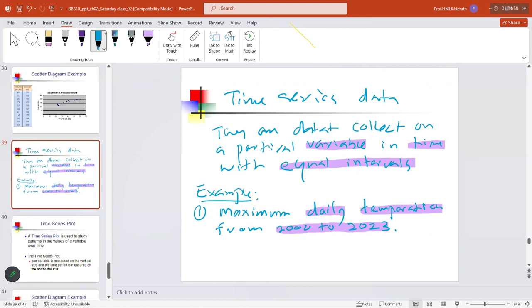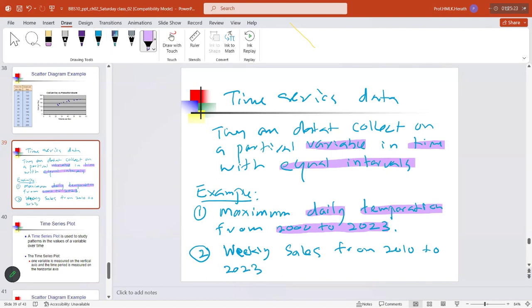One other example: weekly sales from 2010 to 2023.